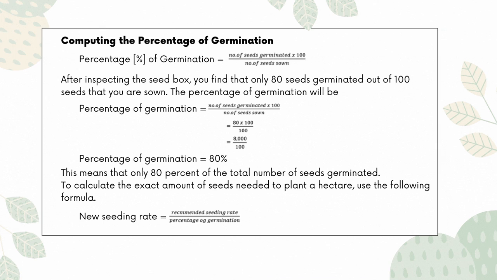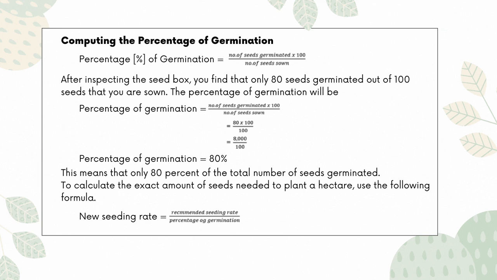Percentage of germination is equal to number of seeds germinated times 100 over number of seeds sown. After inspecting the seed box, you find that only 80 seeds germinated out of 100 seeds that you sowed. The percentage of germination is equal to number of seeds germinated times 100 over number of seeds sown.